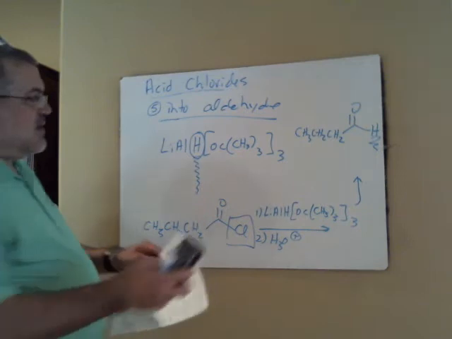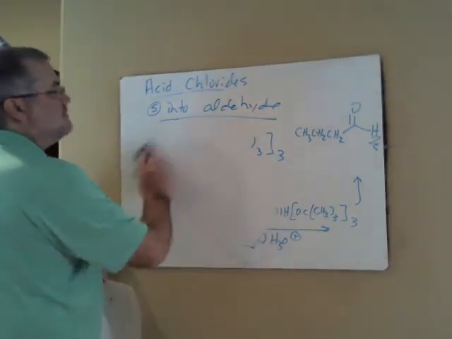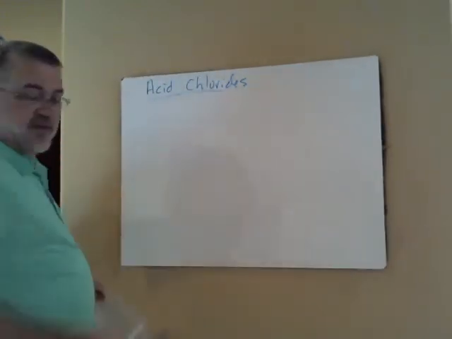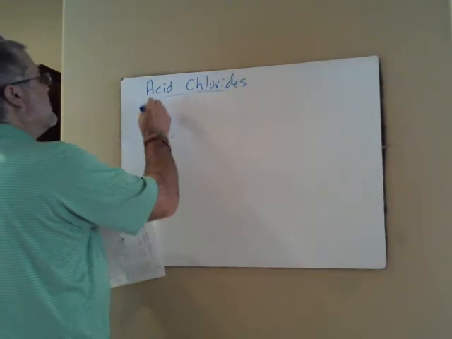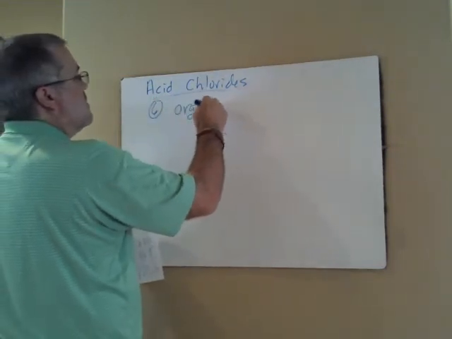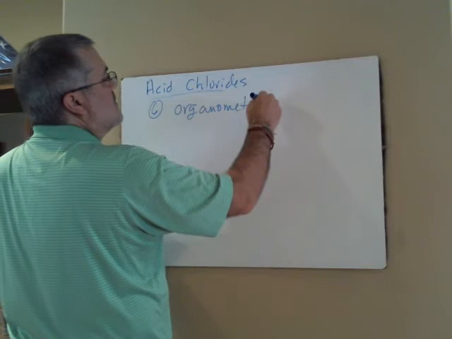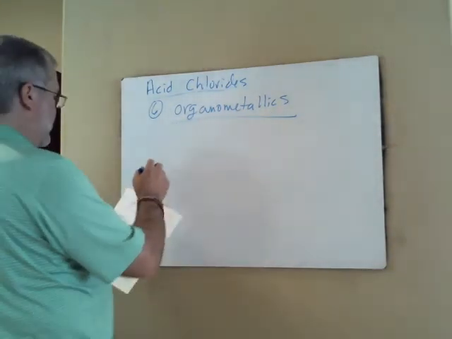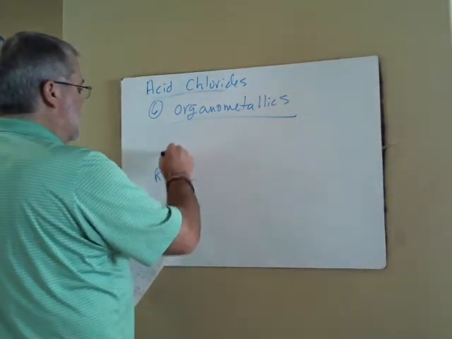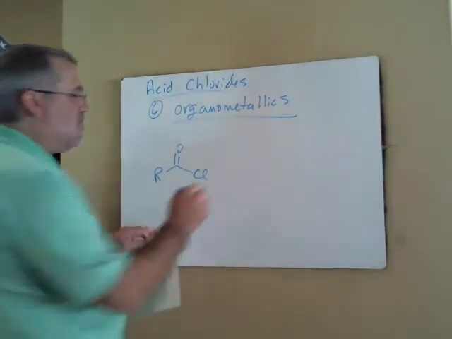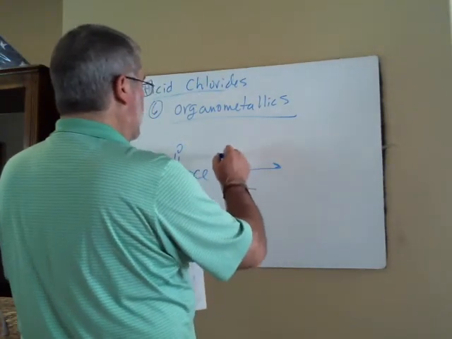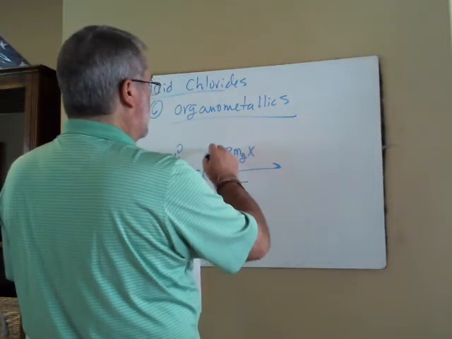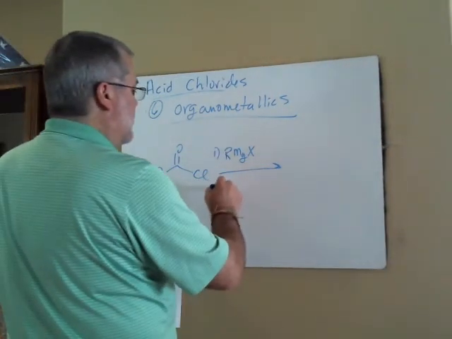Now another reaction we've already talked about of acid chlorides is their reaction with organometallics. And so the first of those organometallics that you remember talking about, if you have an acid chloride and you react it with a Grignard reagent, and let's just use a generic one, followed by acid workup.